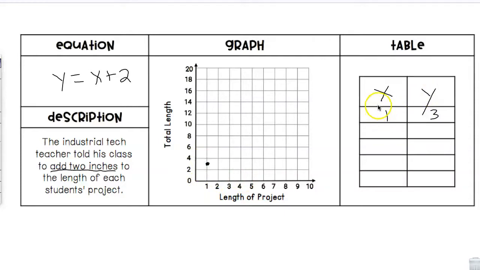This is nothing more than an ordered pair. So what if I have a 2-inch long project? Put it in for x, add 2, shoot out a 4. We can keep going and going. Put in a 3, I will get a 5, graph that.